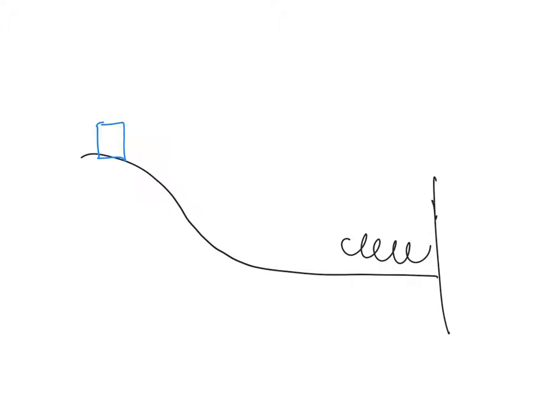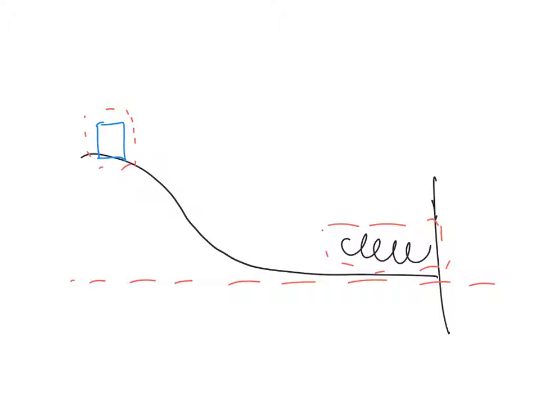So let's do another example. If a box, again, is on top of a little hill, let's include two parts of the system in this one. So we will make this the ground, and we'll make the box and the spring our system in this example.